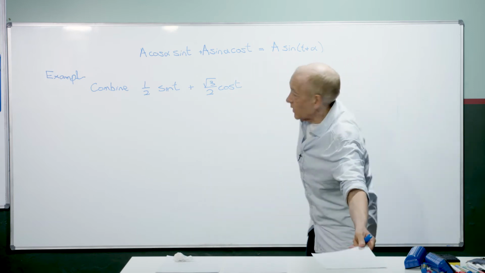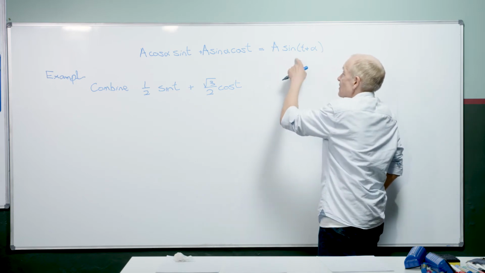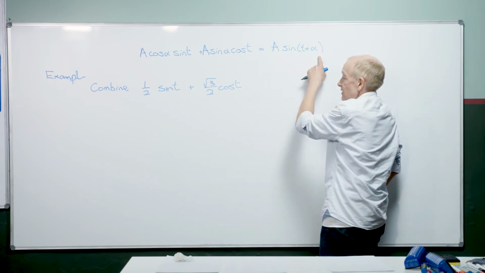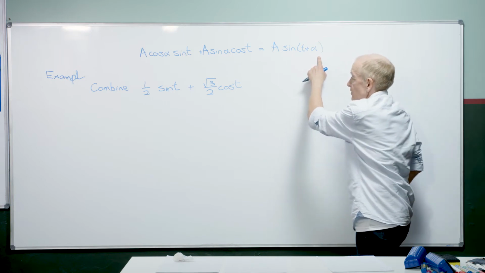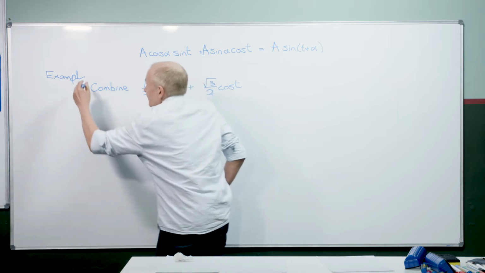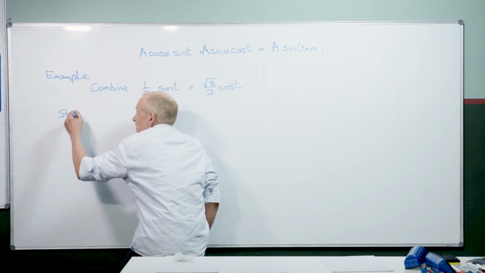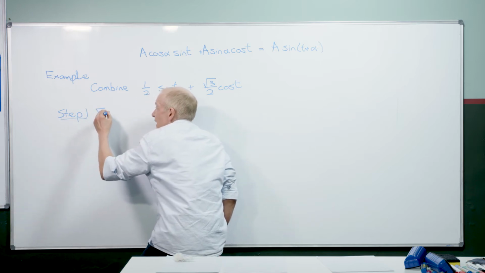So here what we want to do is write this as a single A sine of a function plus some sort of horizontal shift.